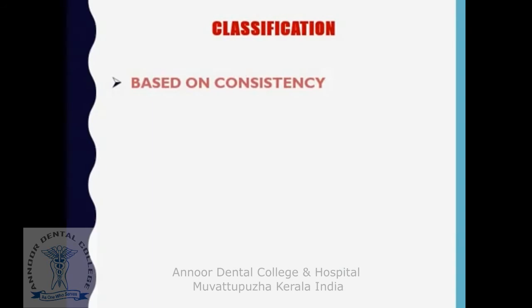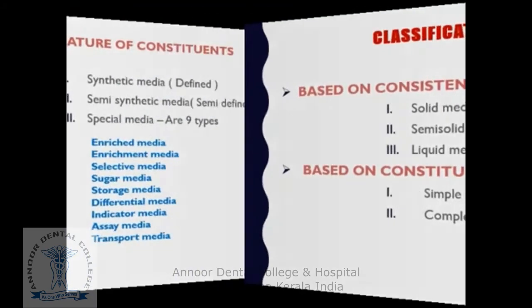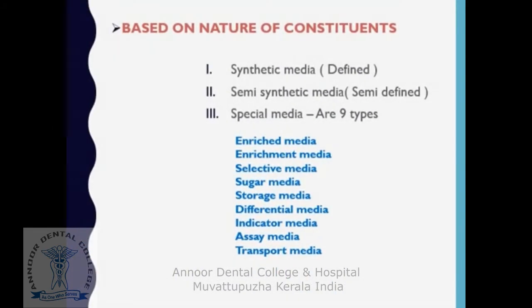Culture media is classified based on various criteria. First one is based on its consistency, classified as solid media, semi-solid media, and liquid media. Based on constituents, culture media can be simple or complex. Based on the nature of constituents, media can be synthetic or defined media, semi-synthetic or semi-defined media, and special media.